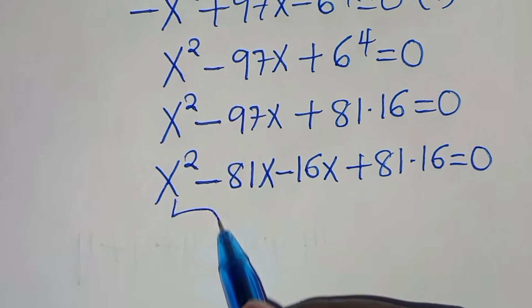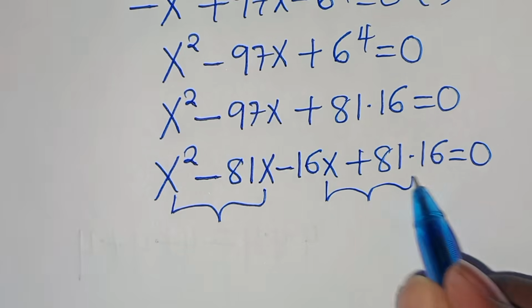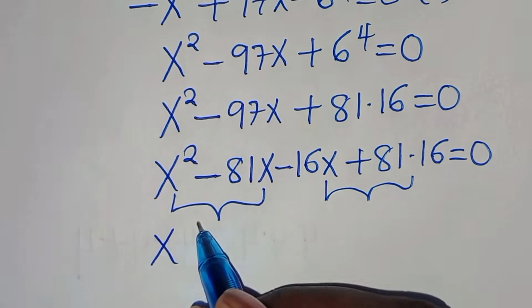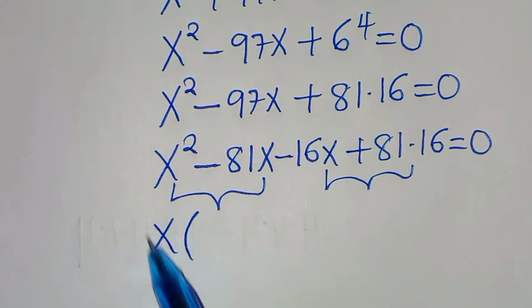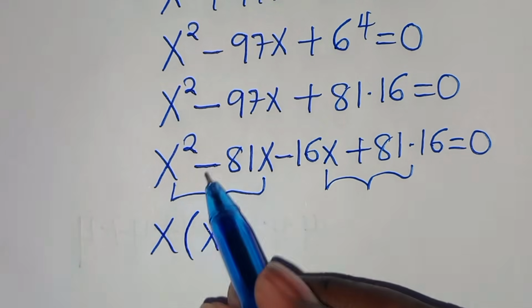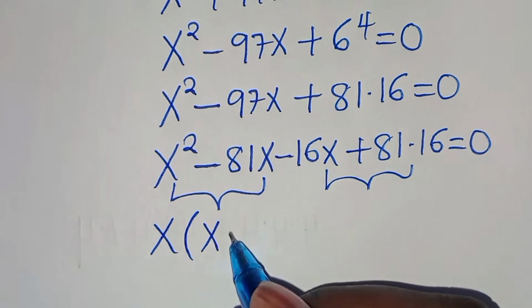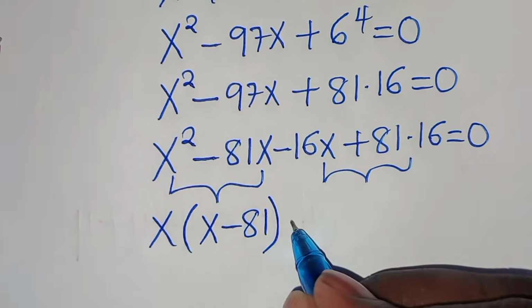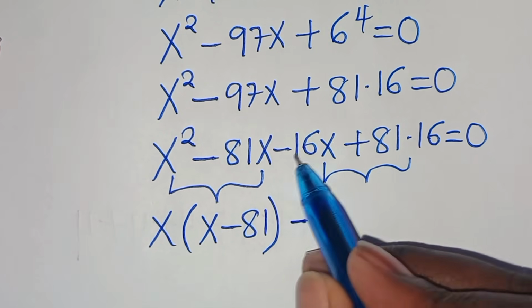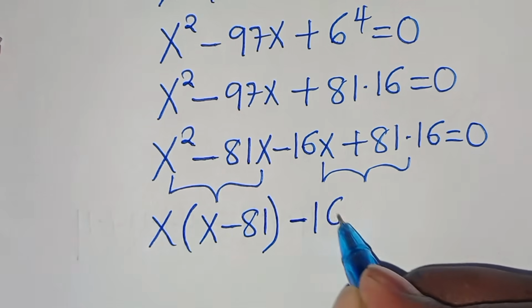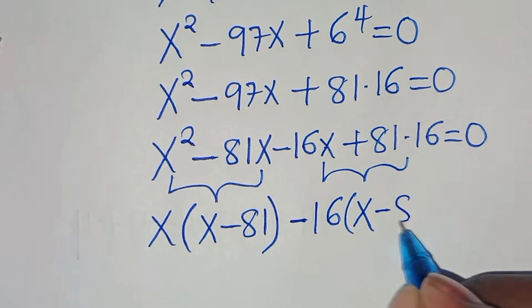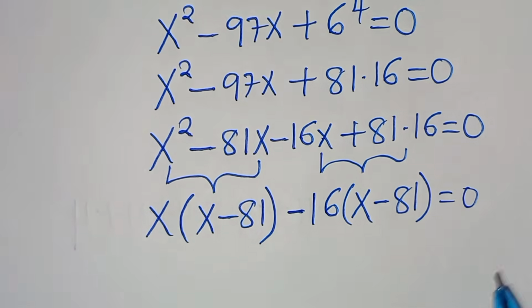We have got two parts here. From the first part, x is common. Let's factor out x, so that x squared divided by x is x, minus 81x divided by x is minus 81, close the parenthesis. Then minus 16 is common in the second part, so let's factor out 16, so that here we have x minus 81, equal to 0.